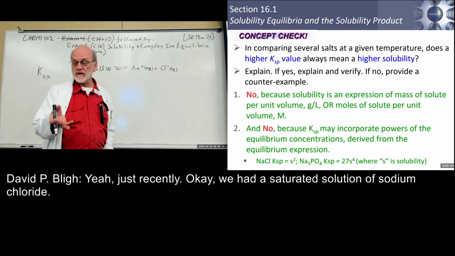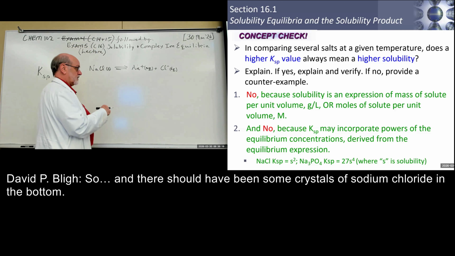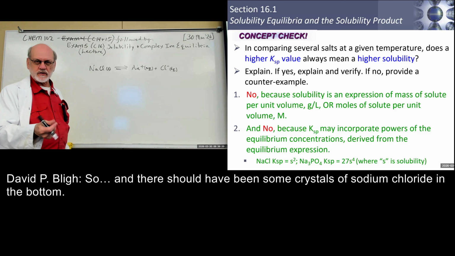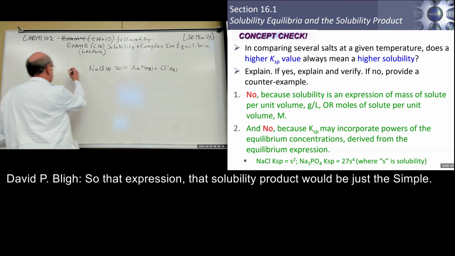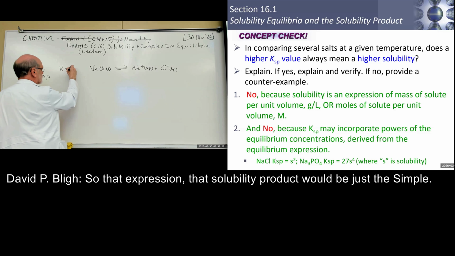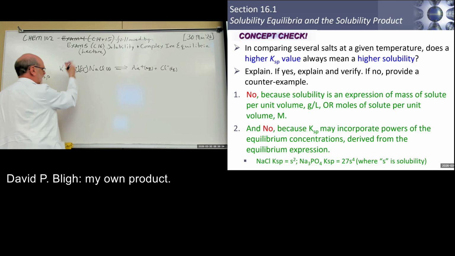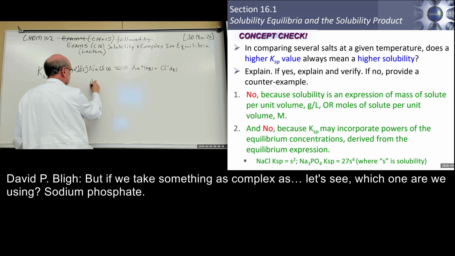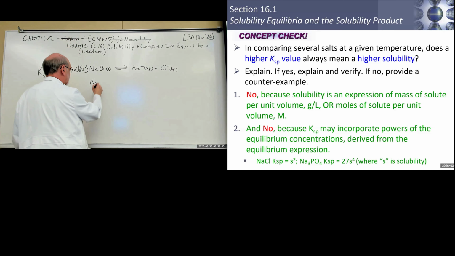We had a saturated solution of sodium chloride, and there should have been some crystals of sodium chloride in the bottom. So that solubility product expression would be just the simple ion product. But if we take something as complex as, let's see, which one are we using? Sodium phosphate.